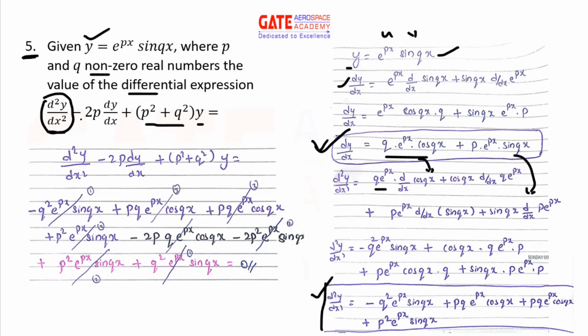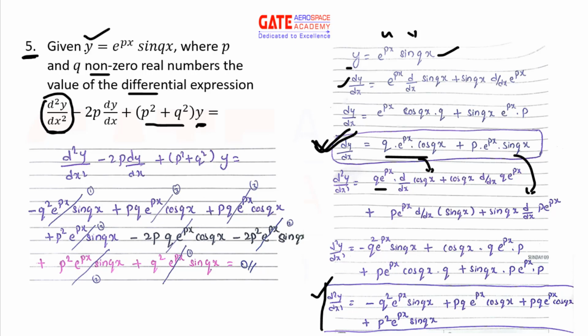Now I need to multiply minus 2p with my dy by dx. Already we have dy by dx here. So if I multiply this minus 2p to this, I have changed the color also here. You can see this black color: minus 2pq e power px cos qx, minus 2p square e power px sin qx. Now what is the last term?